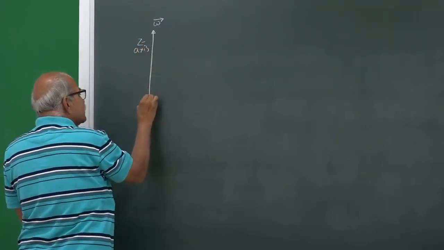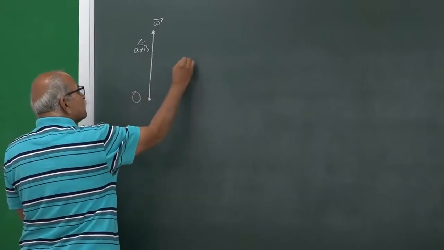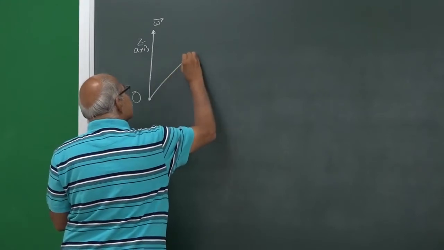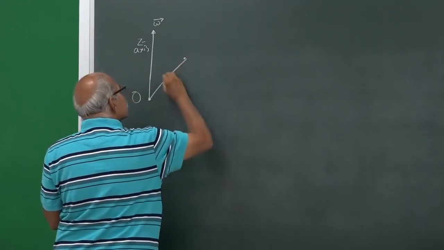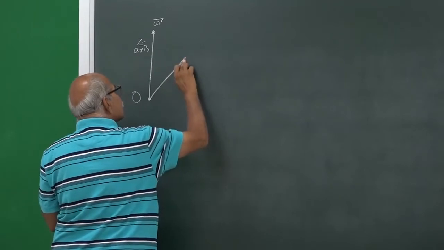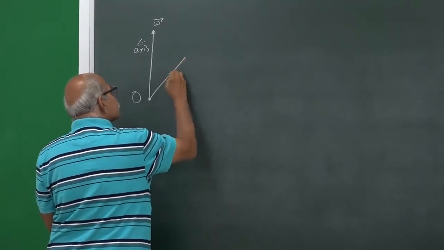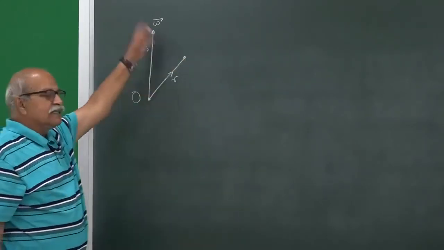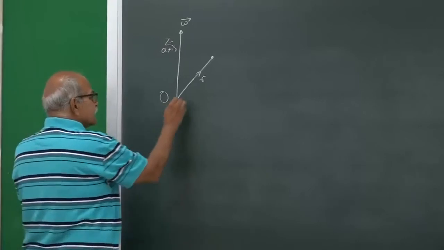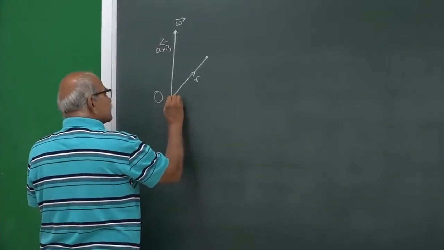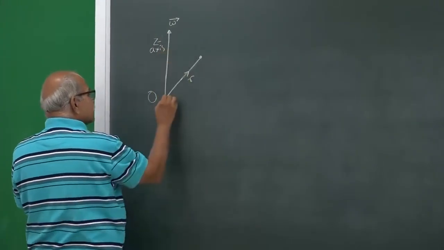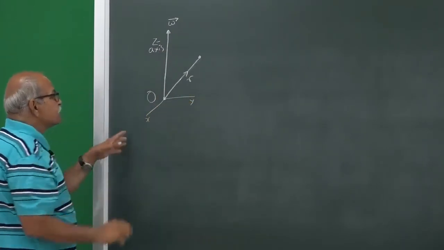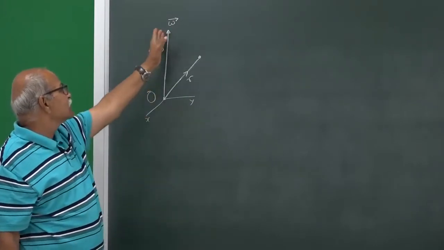And there is some origin here, and you have a particle somewhere here at a certain instant, and that is the position vector r, which can move in this frame. Your x, y, z axes are there. So, you have x axis, you have y axis, and this whole frame is rotating about this z axis.